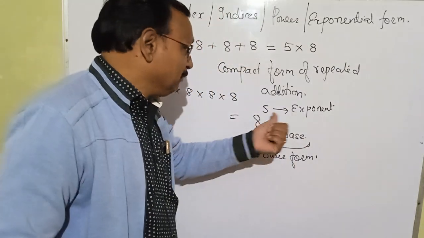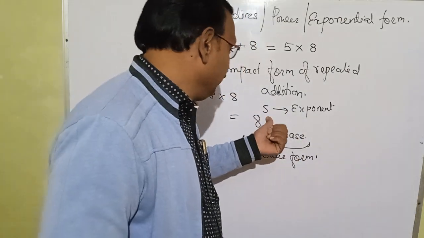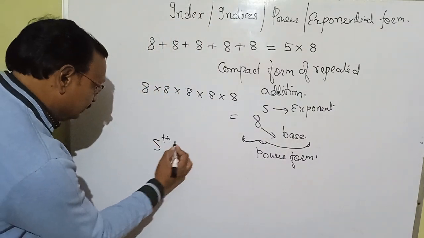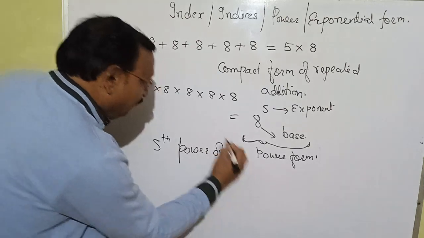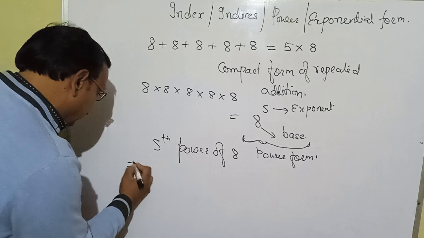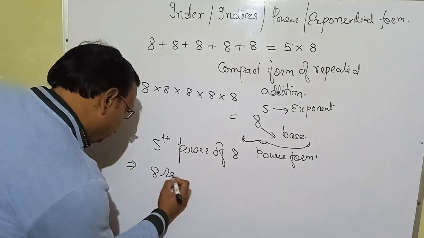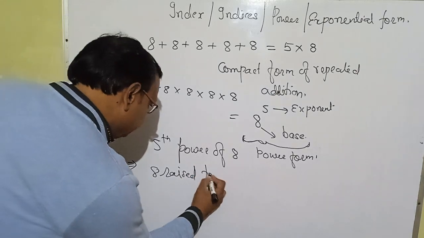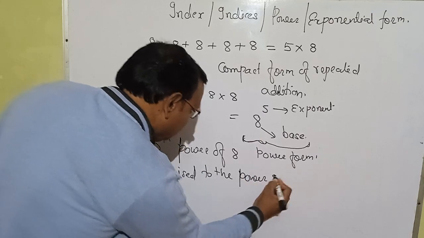Then we say that 5 is its exponent, or we say the fifth power of 8. Here is another way to write it: 8 raised to the power 5.